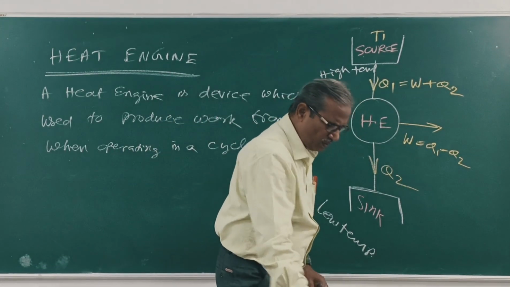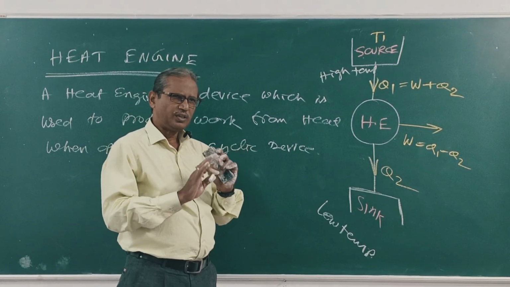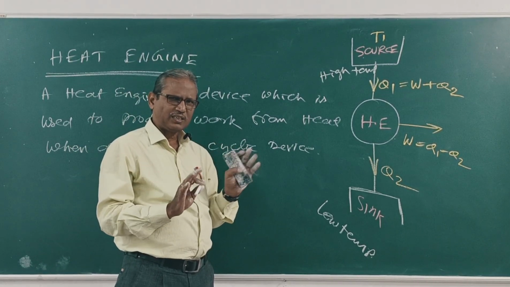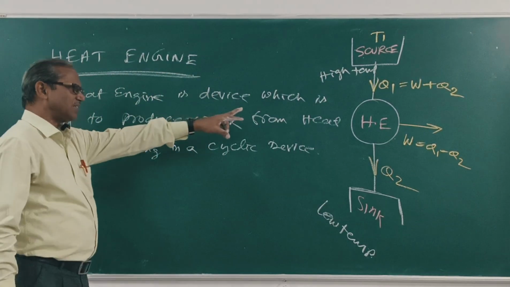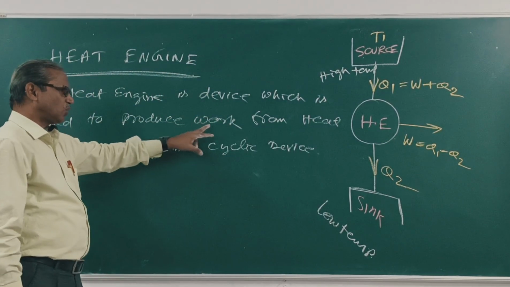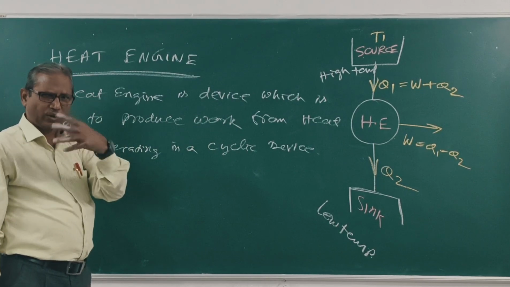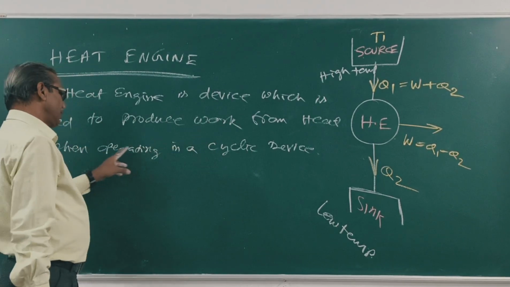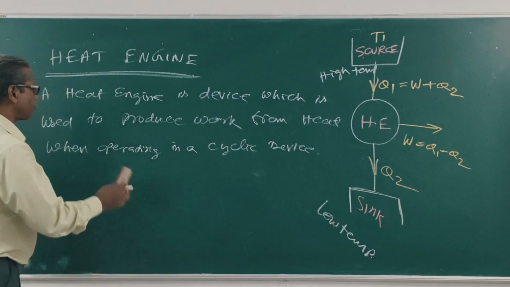Clear? Both heat and work interactions take place. A heat engine is a device which is used for continuous production of work from heat when operating in a cyclic device.